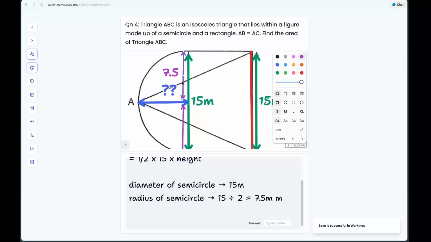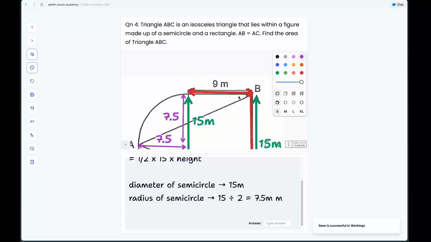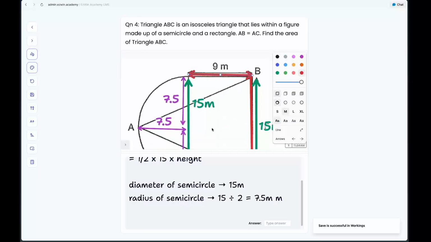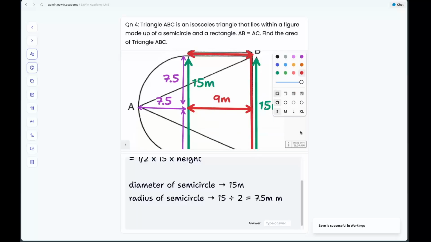And since this is 7.5, that means the diameter of this side also is 7.5 as well. So with that said, since this is 7.5, this is also 7.5. The 9 meters is also included in the height of the triangle.